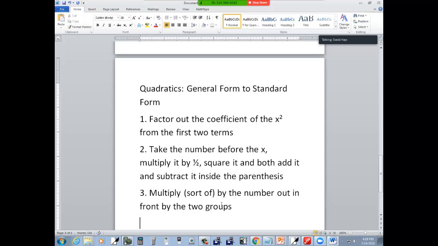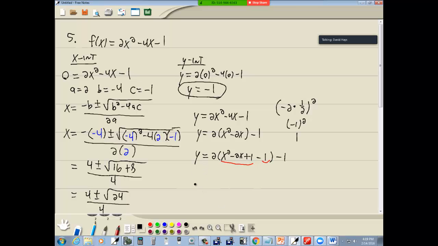Now that may seem kind of strange, multiply sort of. Are you going to multiply or not? Well, what I mean by that is using the distributive property, we're going to take this 2 here and multiply it times our first group and times our second group. So we'll have 2 times (x squared minus 2x plus 1), and we'll have 2 times -1, and then this -1 will carry down.